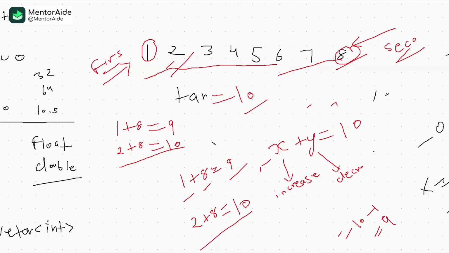What will happen if we do that? Now, the first pointer will be pointing to 3 and the second pointer will be pointing to what? 7. Yeah. So the new pair would be 3 plus 7 equal to 10. So the given answer is 10. We again found the answer. Now again, what will be our next step?